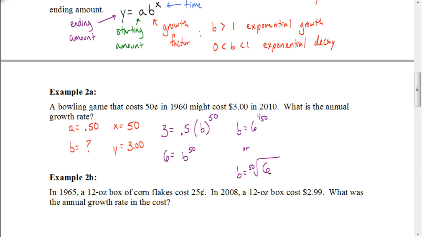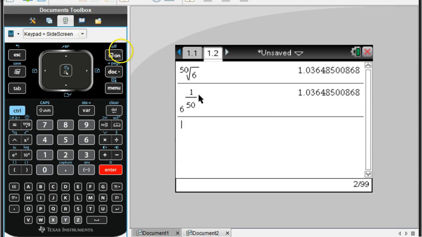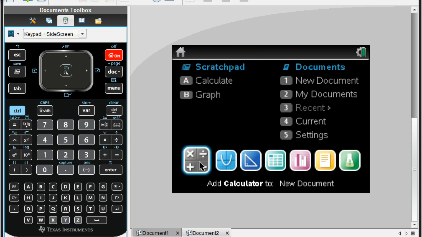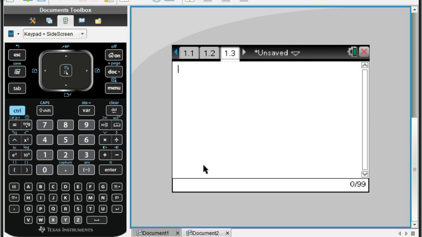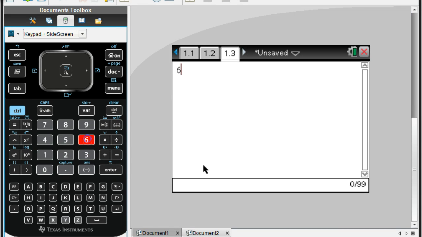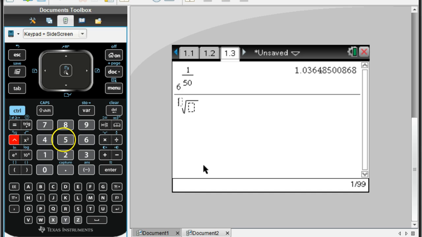Either way, you'll get the same answer, and I'll show you on your calculator how to do this. For the first step, let's do 6 to the 1 over 50th power. Type in 6, use your caret button for the exponent, and just do 1 divided by 50, hit enter, and you have your answer. Now if you want to use the 50th root, you're going to use the same caret button, but you have to control the caret button, and then type in that we want to find the 50th root.